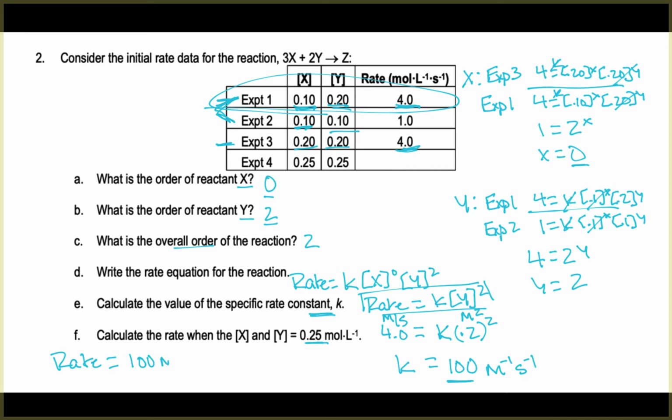And just to see how this all works out with the units, I'm going to put the units in here too, times 0.25 squared, and this is 0.25 molar squared, that gives me 6.25 molarity per second, or M s to the negative 1.